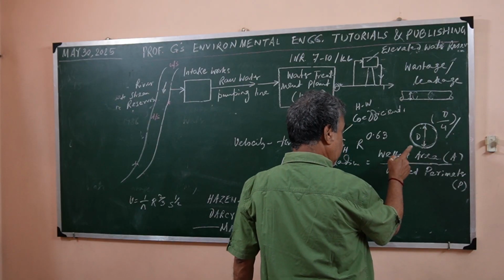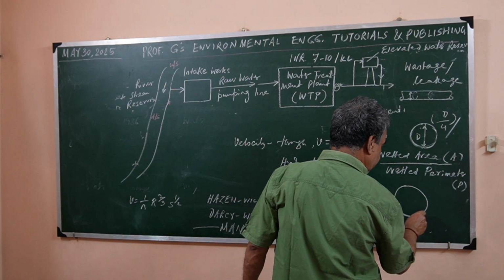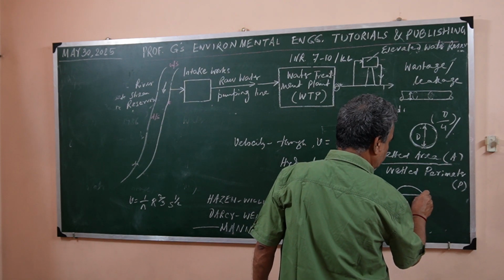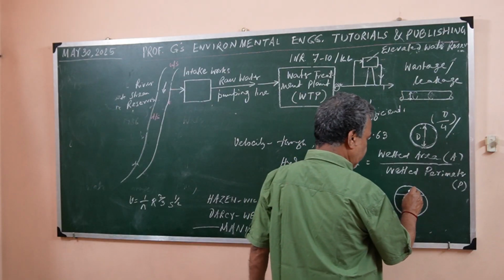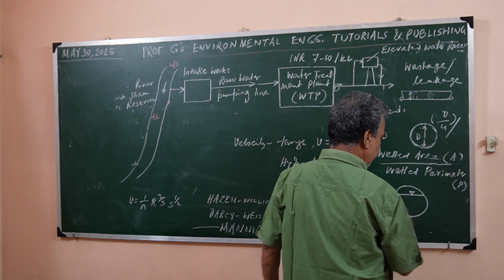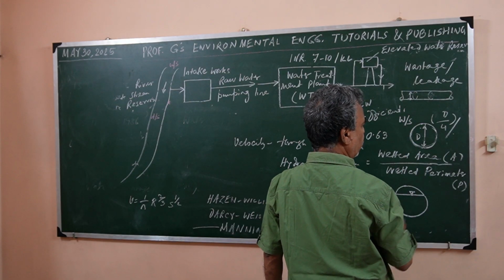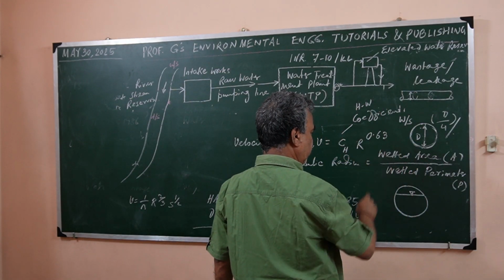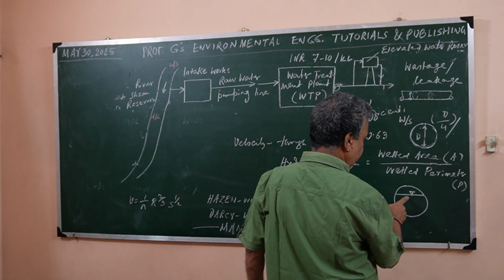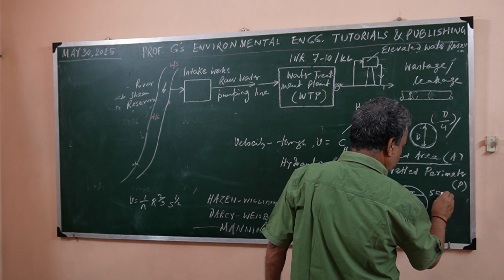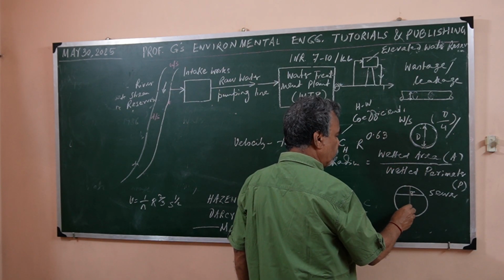But this is different in sewage flow through sewers, because it is partially full flow because of the ventilation. In a sewer, and in the water supply system, I have already explained that this flows under pressure, and that is why flowing full. And in the sewer line, the depth of flow is not full.